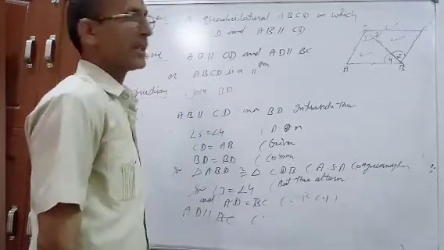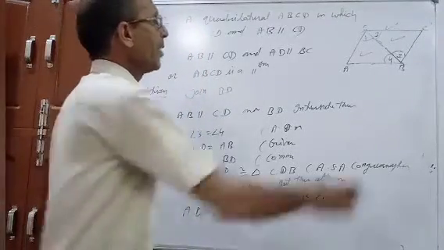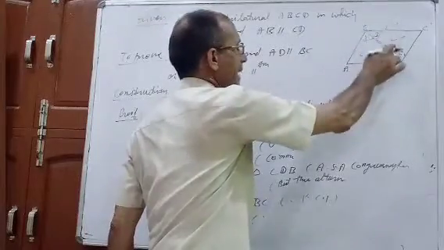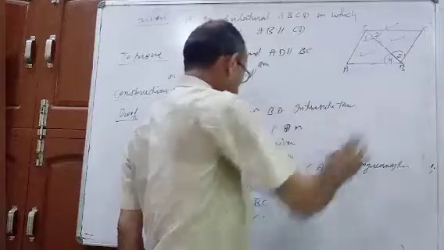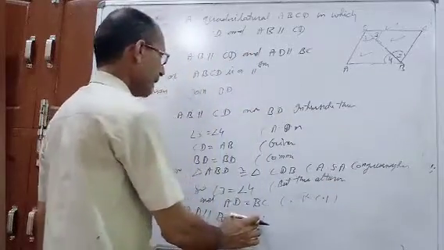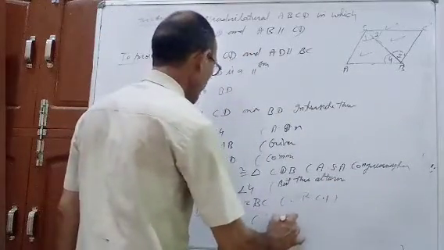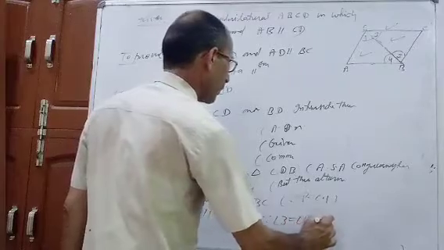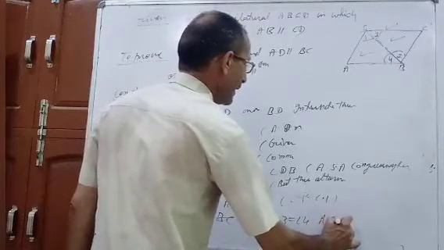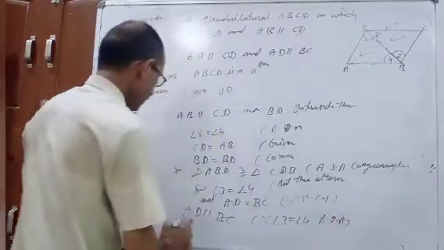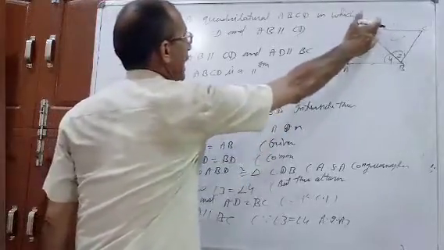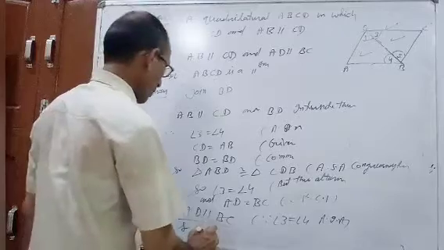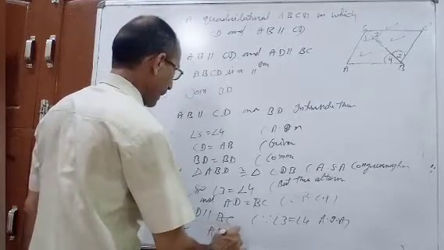Any doubt, any confusion? Okay. So AD parallel BC because angle 3 is equal to angle 4, alternate interior angles. So I proved AD parallel BC, and this is already parallel. So ABCD is a parallelogram.